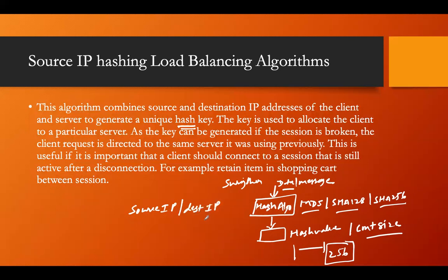The destination IP address is the server IP address, and the source IP address is the client IP address. These two IP addresses are combined together and given to a hash algorithm, and this hash algorithm will produce the hash value or the hash key. It is also called the hash value.